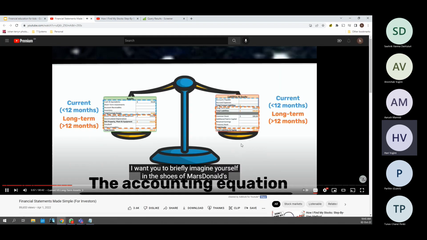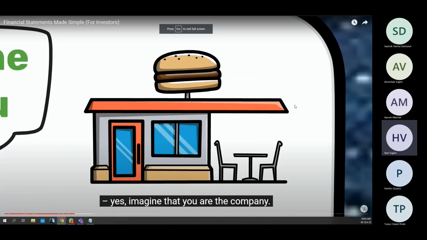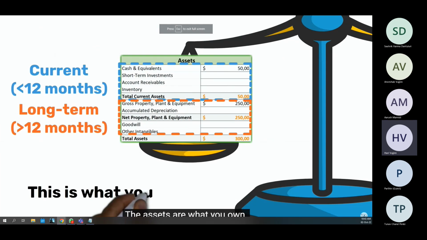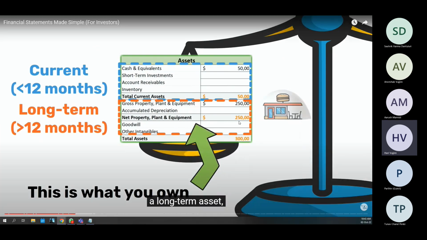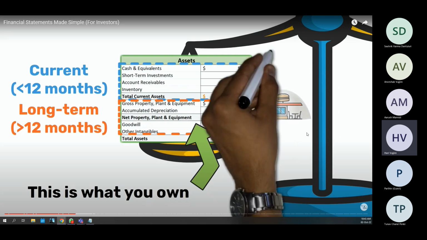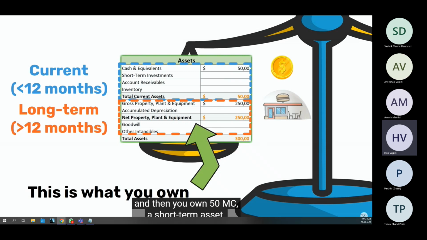Briefly, imagine yourself in the shoes of Mars Donalds. Yes, imagine that you are the company. The assets are what you own. You own the restaurant, a long-term asset. And then you own 50 MC, a short-term asset.